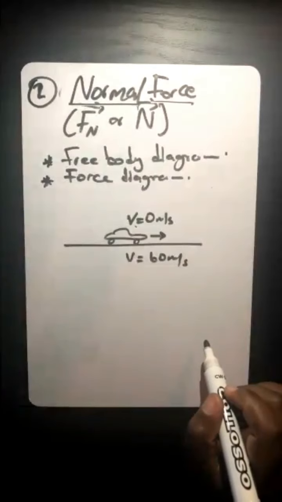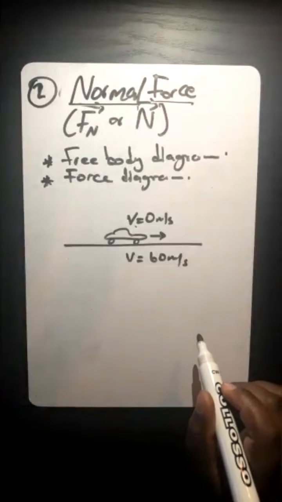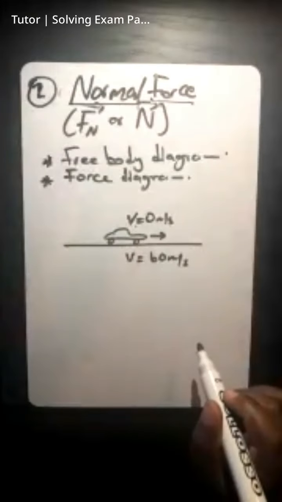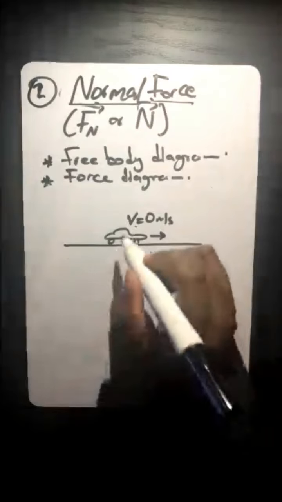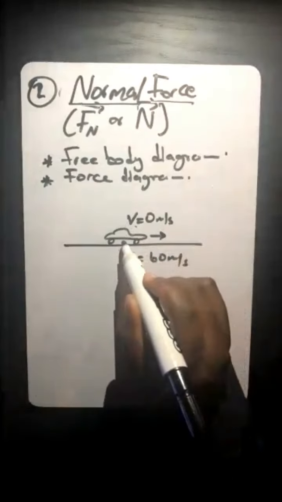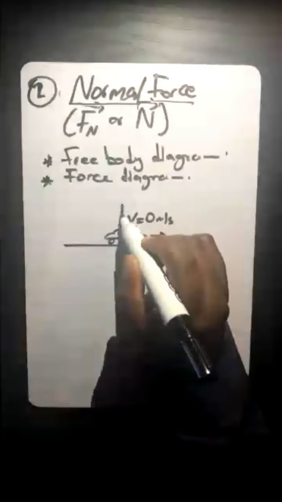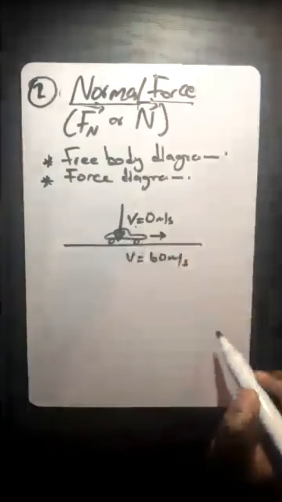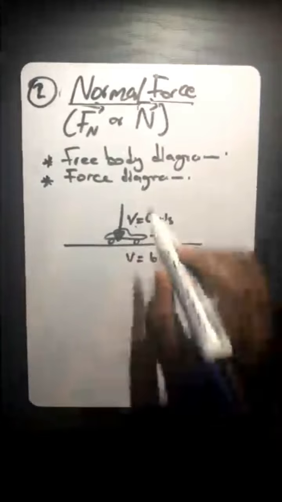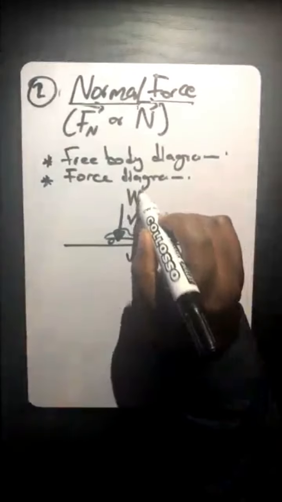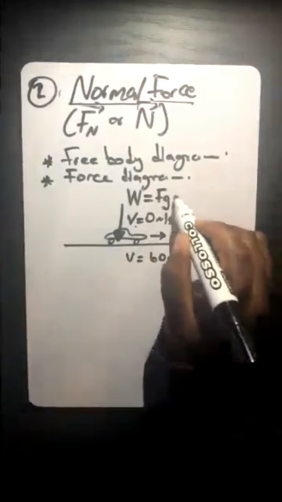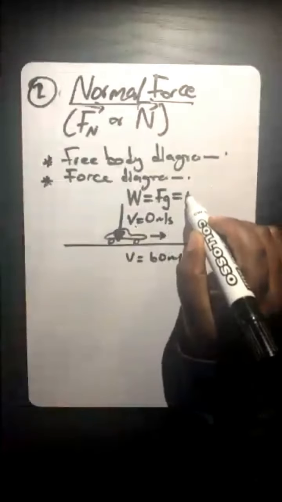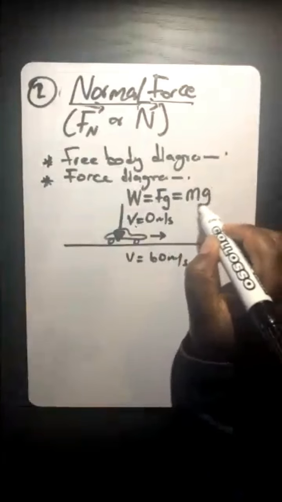What matters the most is that the normal force will have the same magnitude but an opposite direction to the weight of the object. Obviously, the weight of this object is in the downwards direction. Why are we saying it's in the downwards direction? Because the moment we talk about weight, we are talking about force as a result of gravity. What is that, guys? This is the mass of the car multiplied by g.